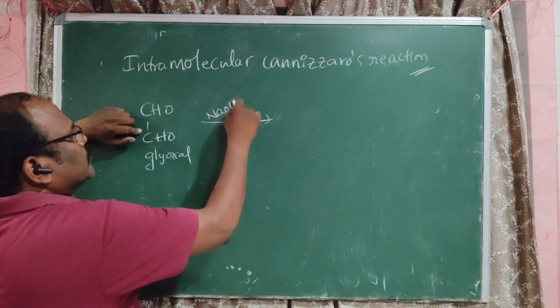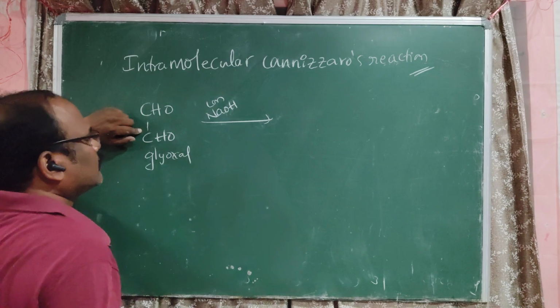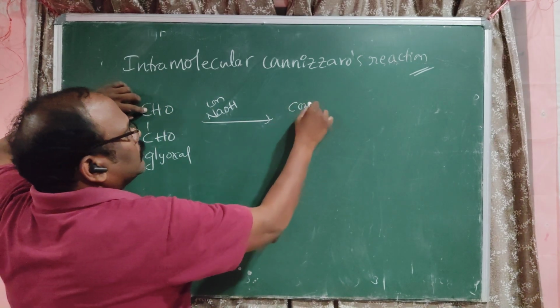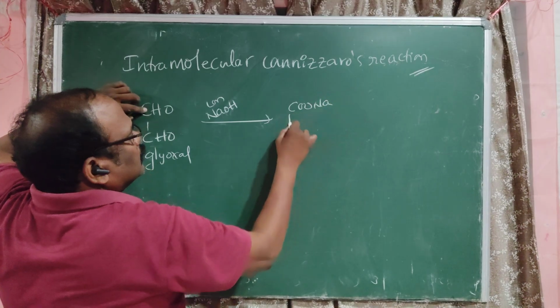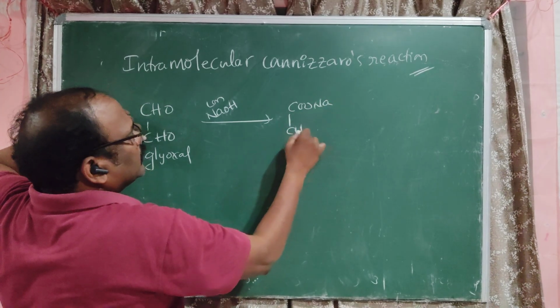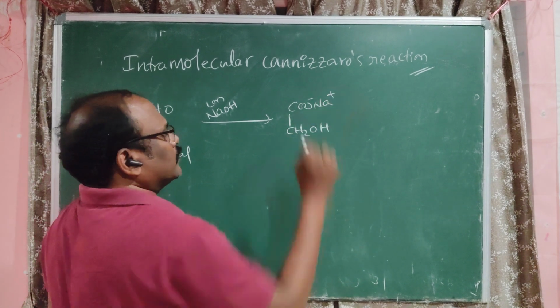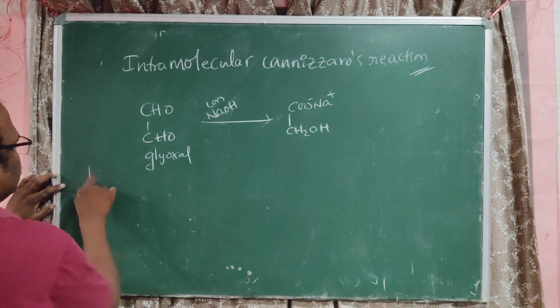It reacts with concentrated sodium hydroxide. One aldehyde is converted into acid, and the second aldehyde is converted into alcohol. This is the product. Coming to the mechanism.